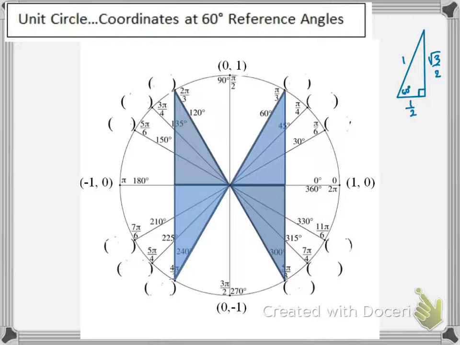Here's my picture for my 30, 60, 90 triangle with the 60 at the base. You always have to think of these as a triangle with the right angle on the x-axis to make them make sense. And this is my 60-degree angle. And each one of these, the 120, the 240, the 300, and the 60, all have 60-degree reference angles because they're 60 degrees away from the x-axis.